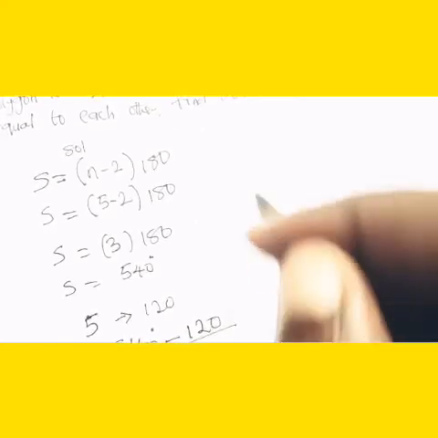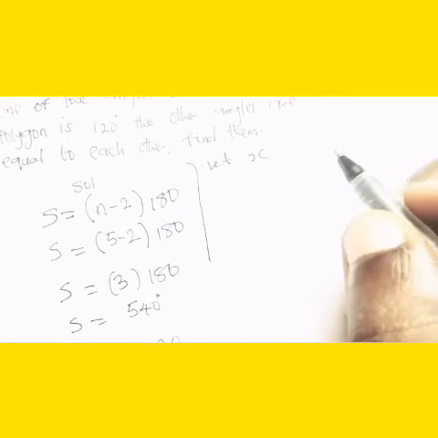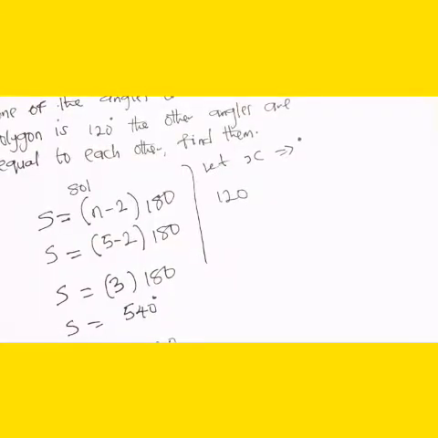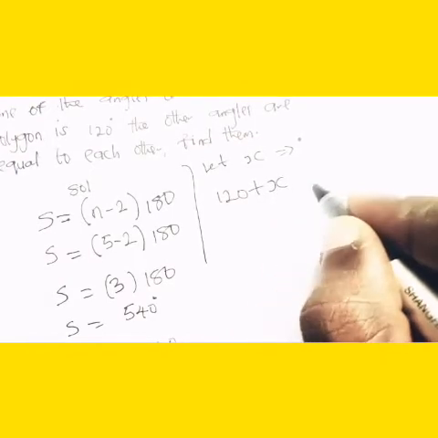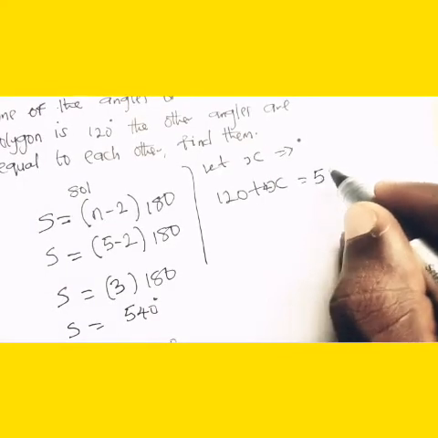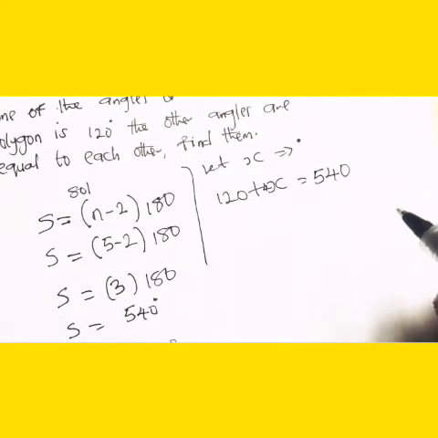We can also solve this problem like this. Let x be each of the other 4 angles. Since one of the angles is 120, the total is 120 plus 4x. We equate this to the total sum of interior angles of a pentagon, which is 540.